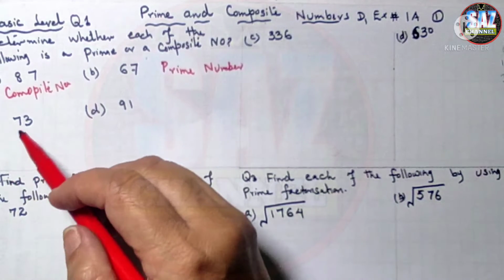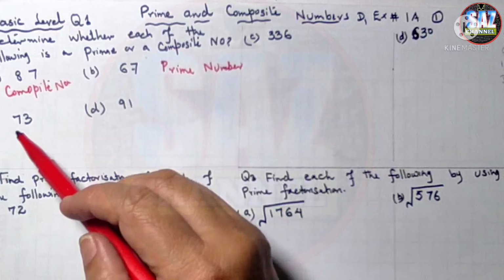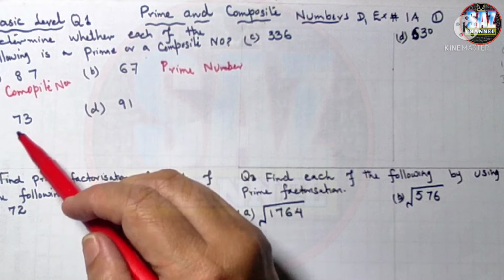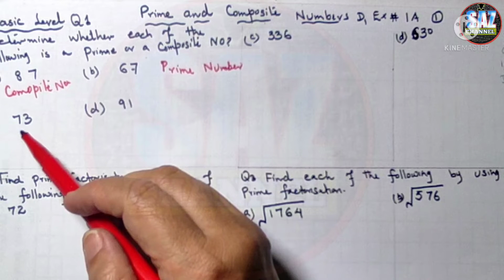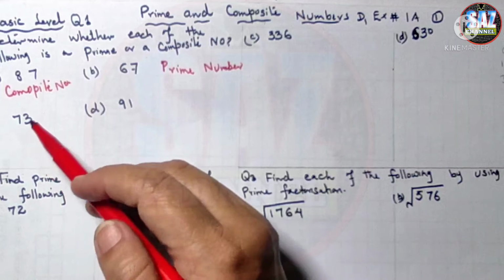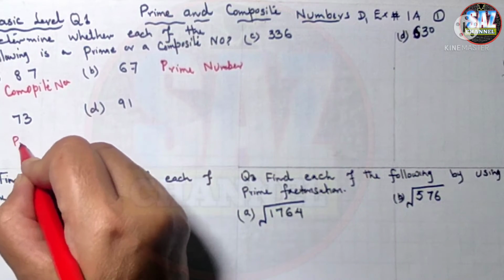Then 4 not possible, 5 not possible, because if the number is divisible by 5, then the unit digit must be 0 or 5. So it means it's not divisible by 2, 3, 4, 5, and 6 not possible, so it's a prime number again.